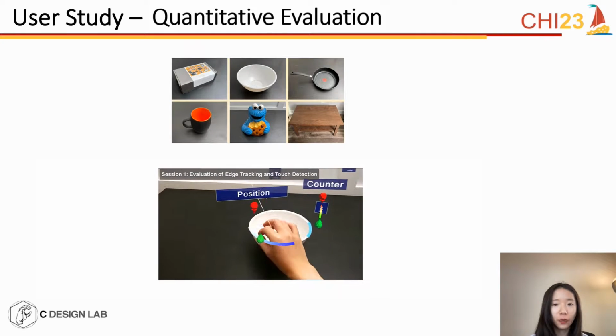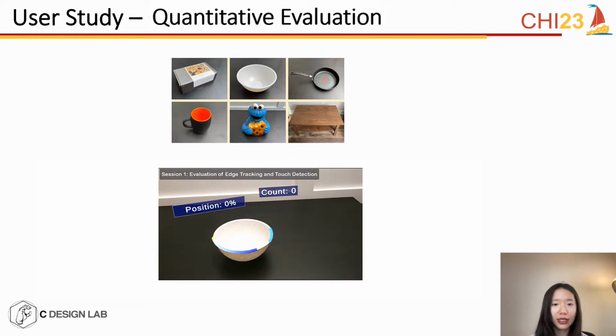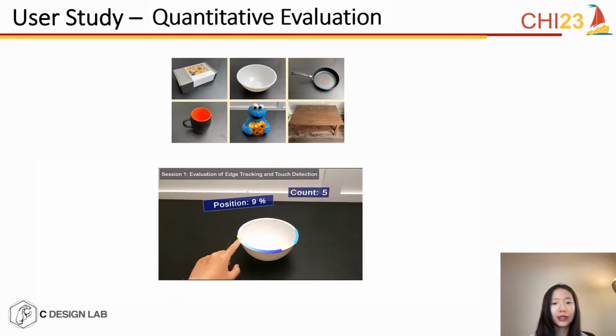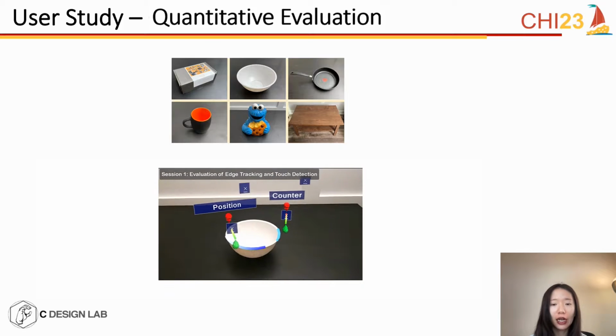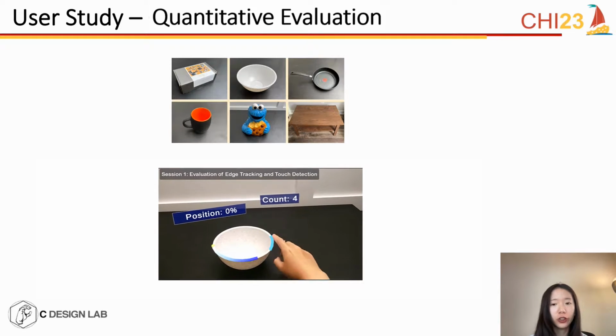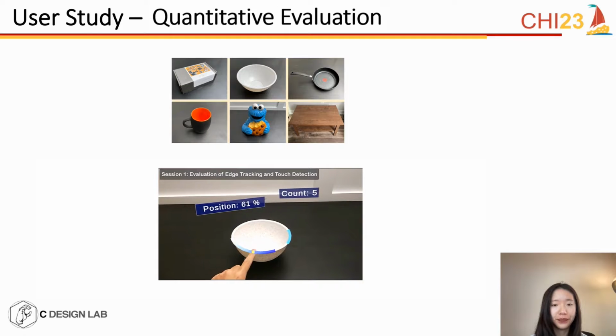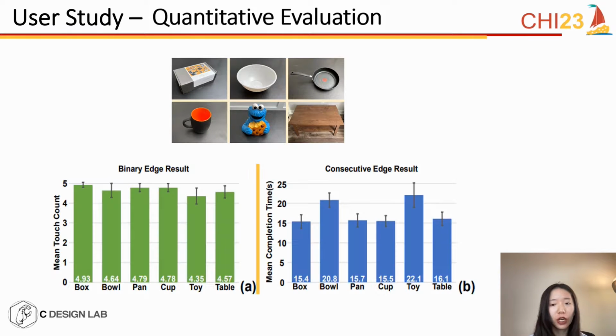One authored edge was set to binary, and the other edge was set to consecutive. We asked the users to perform five touches for each binary edge and slide along the consecutive edge to reach specific points on the edge. For binary edges, we counted whether the edge detected touches, and for consecutive edges, we recorded the completion time. Overall, our system could accurately detect the touches and accurately manipulate the authored tangible edges.